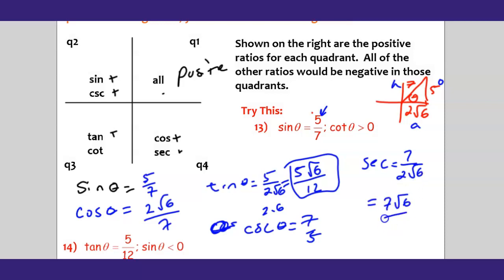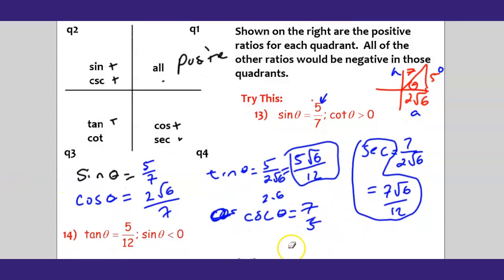So 6 times 2 is 12. So this is secant. And then one more, we have cotangent, which is the inverse of tangent. Flip the original. So you have 2 radical 6 over 5.